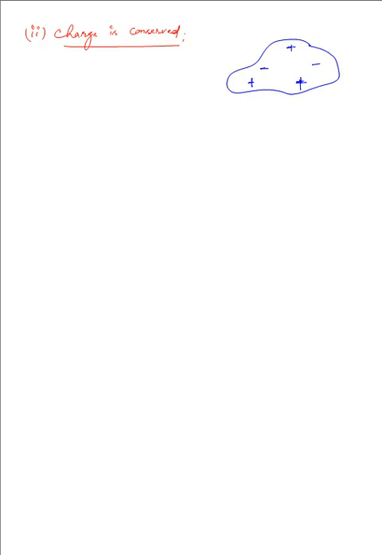Suppose you may consider these two particles becoming one, these two particles becoming one, and you have two neutral particles now. In the beginning, there were probably 5 particles. Now you have 3 particles with 2 being neutral. But what about the charge that is carried? There is only a single excess charge that is left, that is the plus charge.